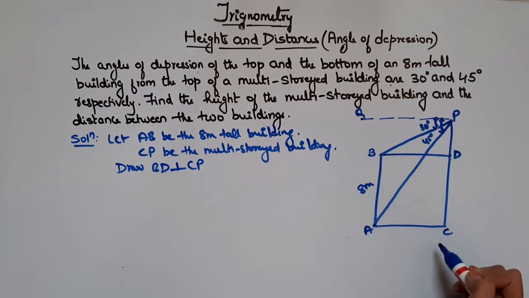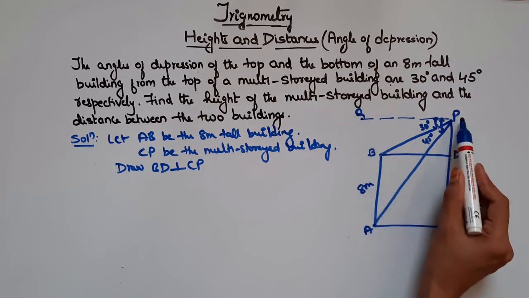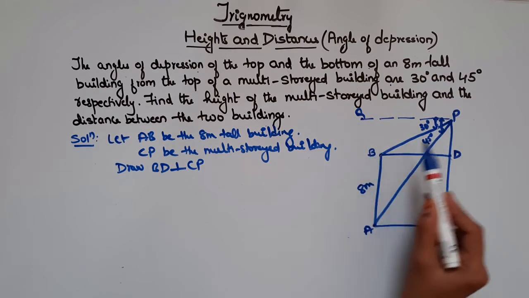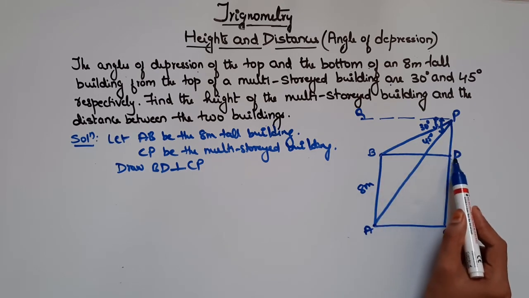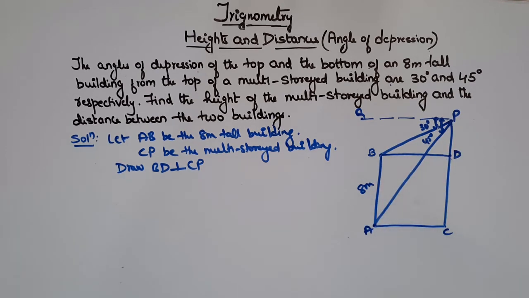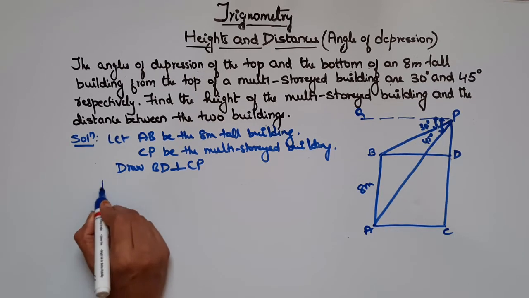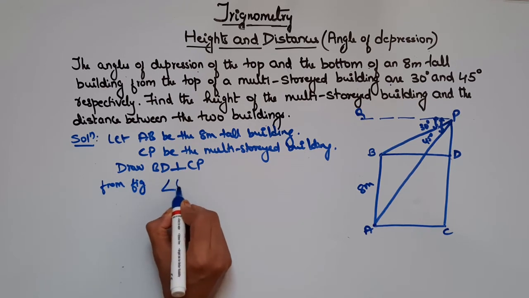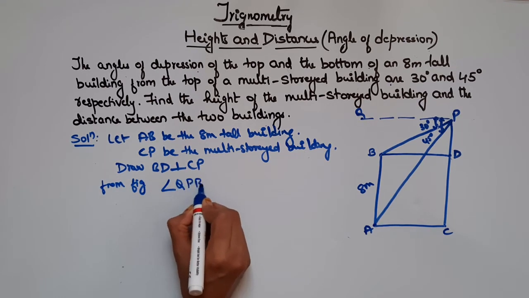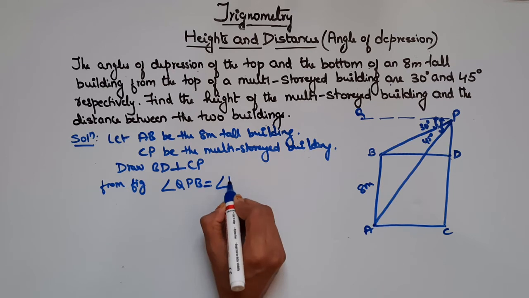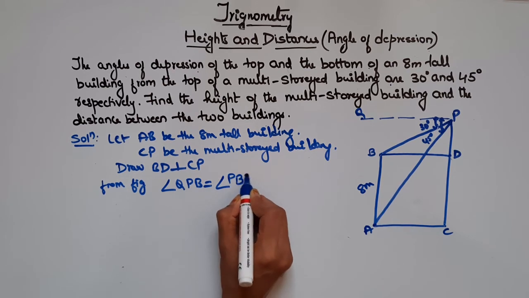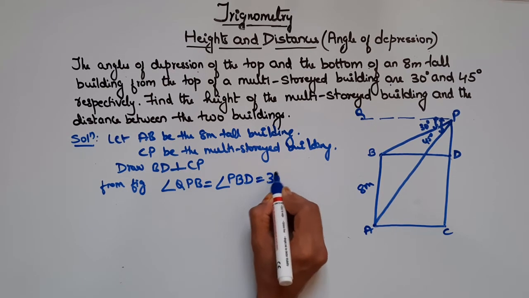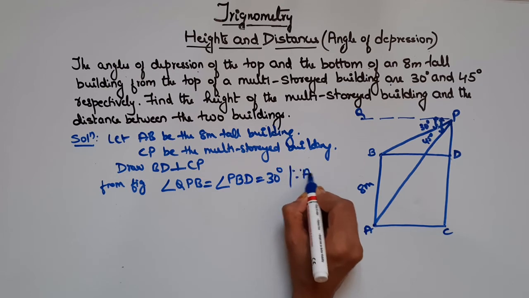So now if you see the diagram, here angle QPB is equal to angle PBD, right? That is the alternate angles. So let's write from figure, we know angle QPB is equal to angle PBD, which is equal to 30 degree since alternate angles.